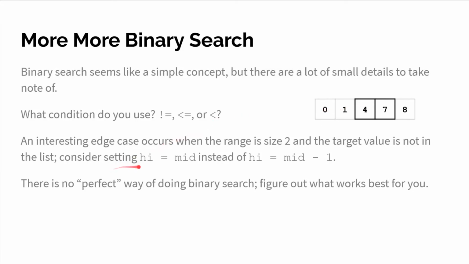If you instead set high equal to mid, you won't have this weird thing happening where low is higher than mid. You will always have low equals mid as your ending condition. Now, you see how there are so many different ways of doing binary search, and there's not really a perfect way.